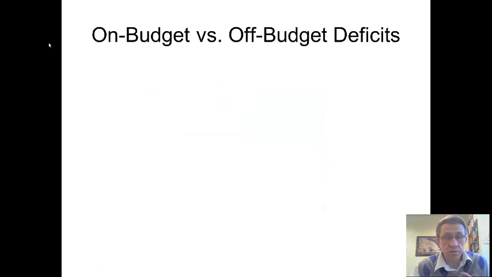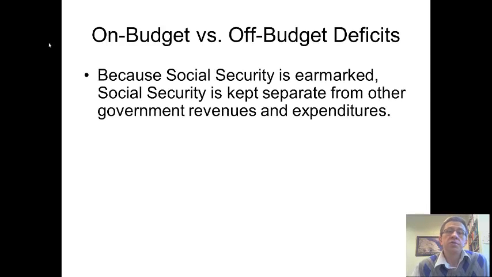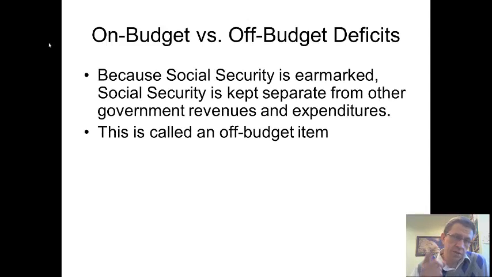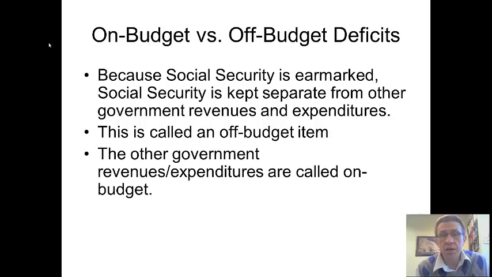A couple other terms to go through: on-budget versus off-budget deficits. The money we bring in for Social Security is paid to those who paid into the system throughout their lives. That money is not really meant for other purchases, so we try to keep it separate. It's called an off-budget item.